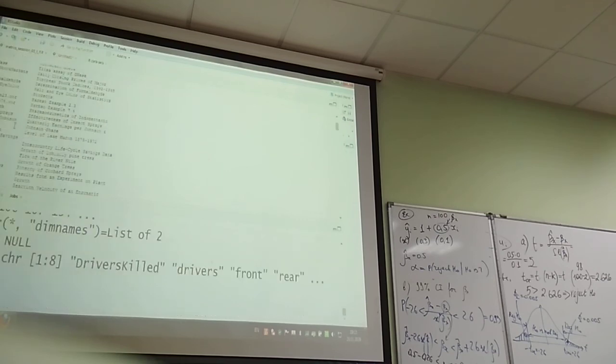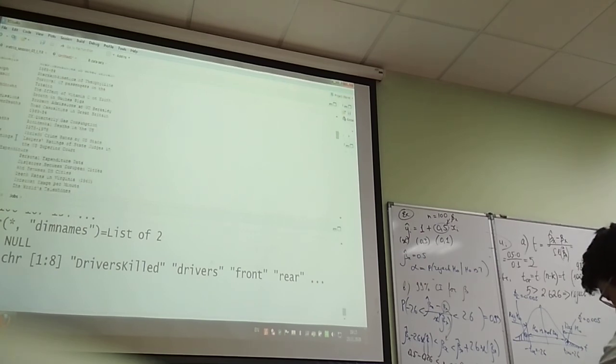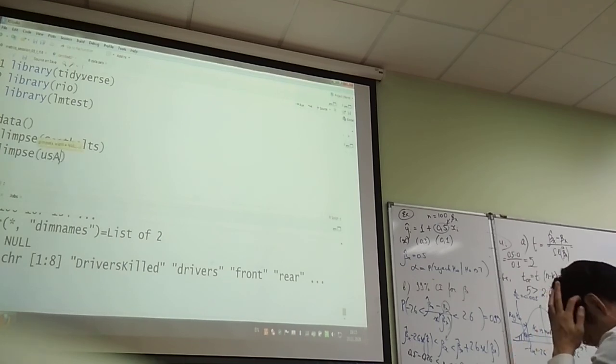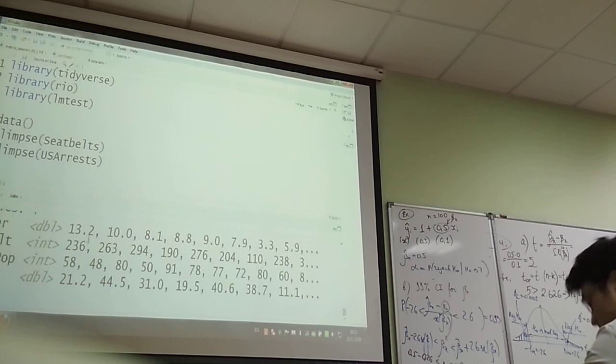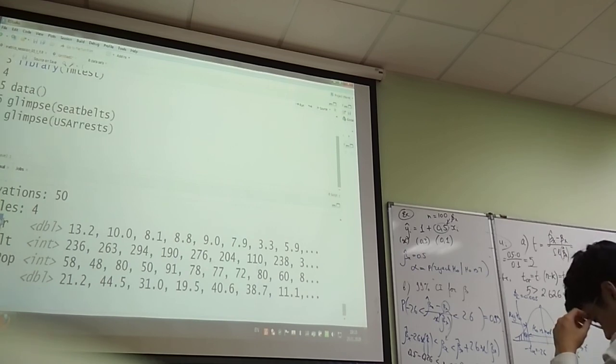What else? Let's predict the number of murders given urban population.